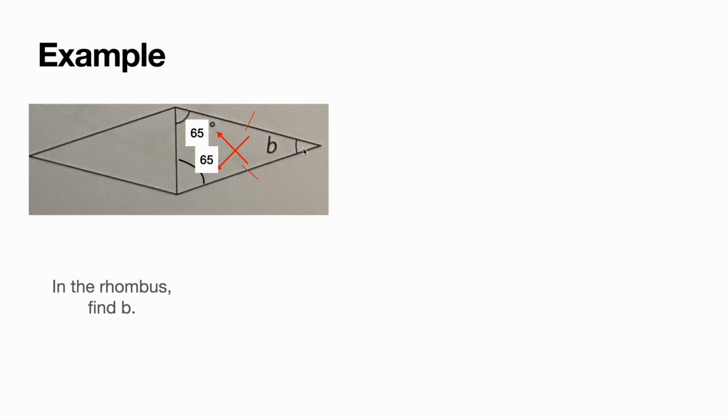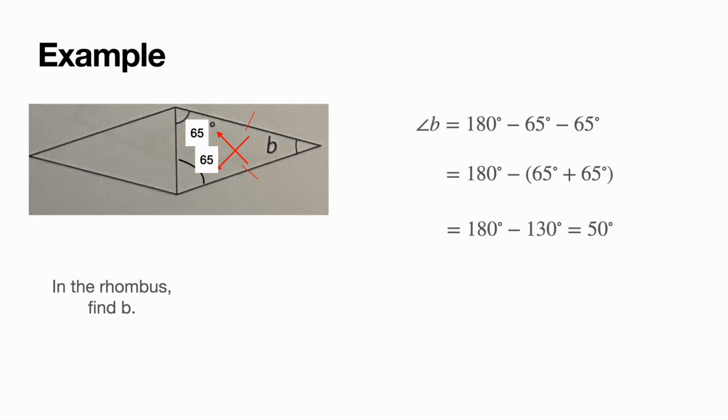You can calculate B immediately. Let's do that. Angle B is 180 degrees minus 65 minus another 65. So we want to group those two 65 degrees together. So that's 130. 180 minus 130 is 50 degrees.